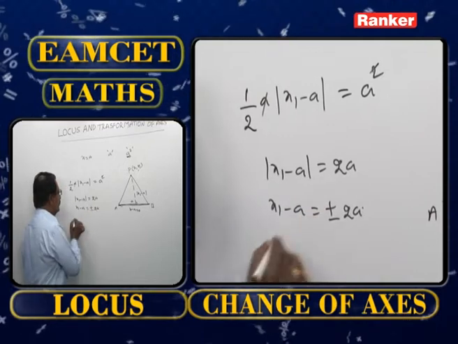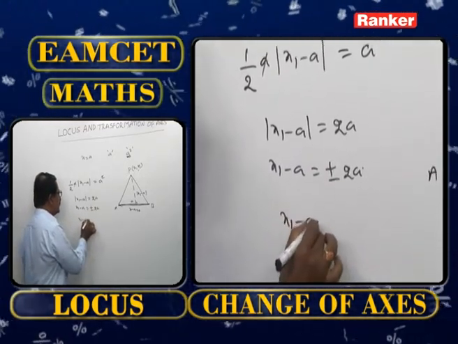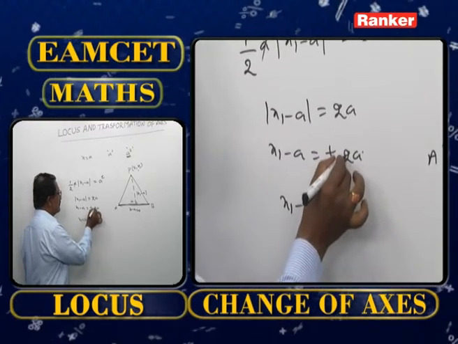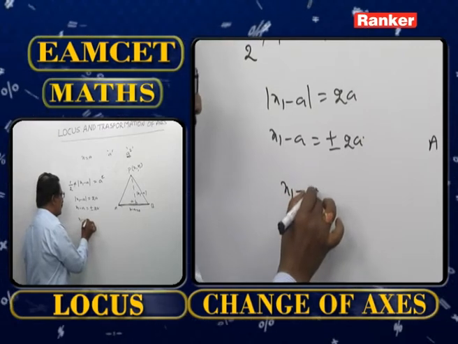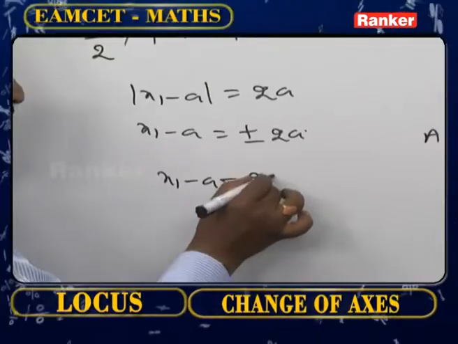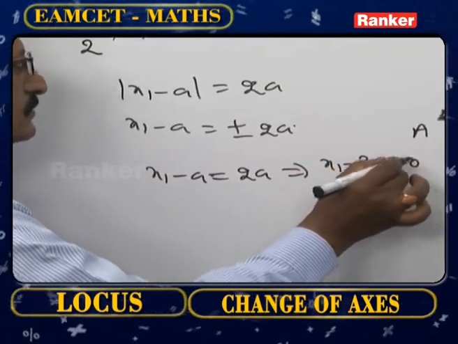Now taking the plus and minus signs: if we take the plus sign, x1 - a = 2a, which implies x1 - 3a = 0.